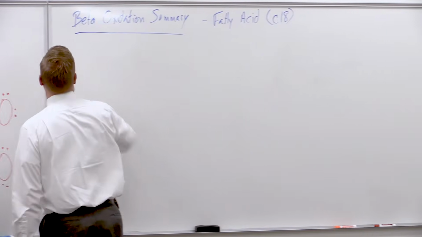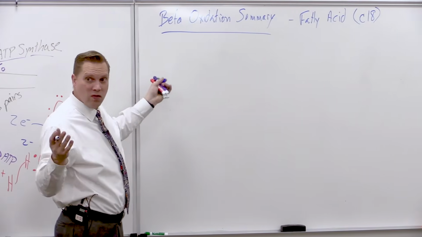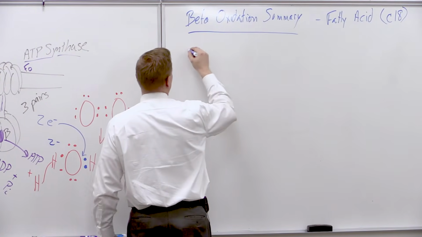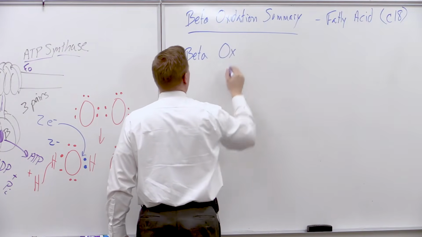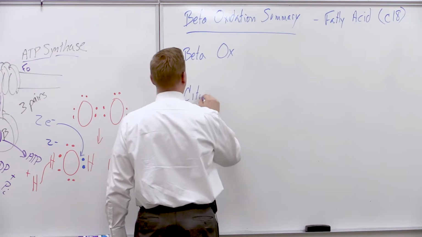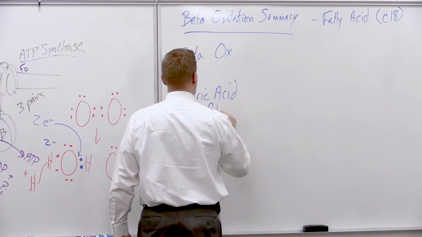So let's put our processes here together. Remember, for beta oxidation, we're not going to use glycolysis, but we're going to start with beta oxidation. That's our first pathway. We're going to have the citric acid cycle. There's no pyruvate bridge in this.